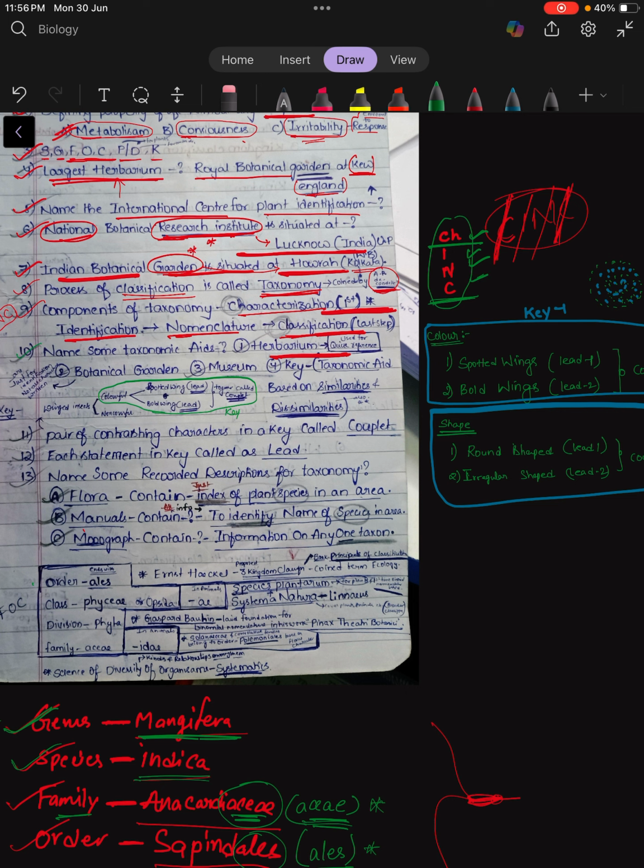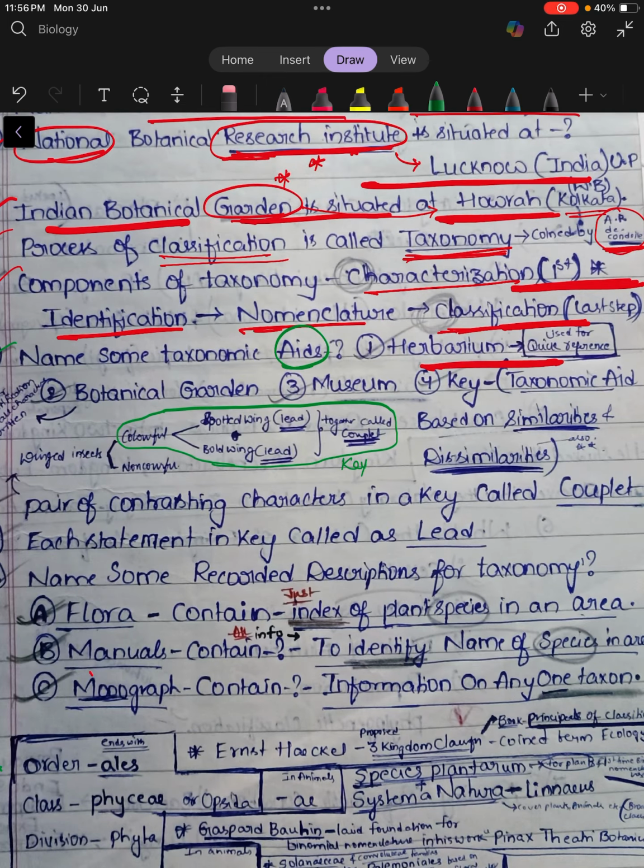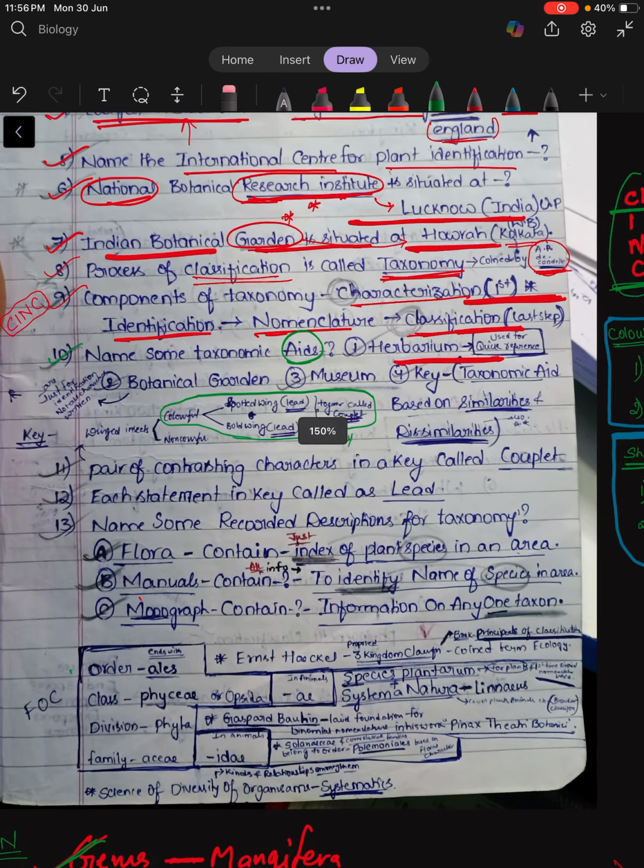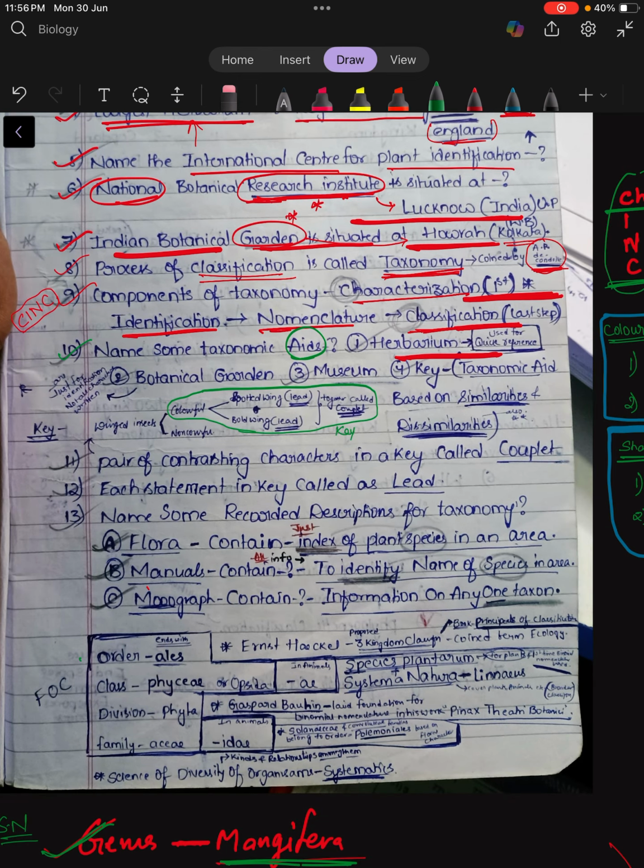The tenth point: name some taxonomical aids. Taxonomical aids are equipment or items that help to classify any organism. Let's see some of them.